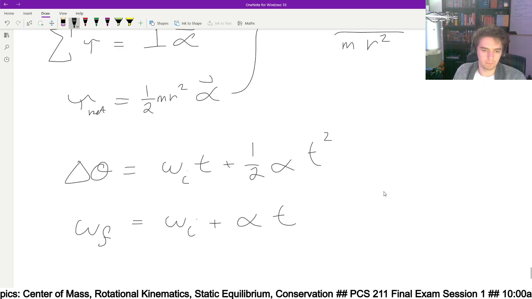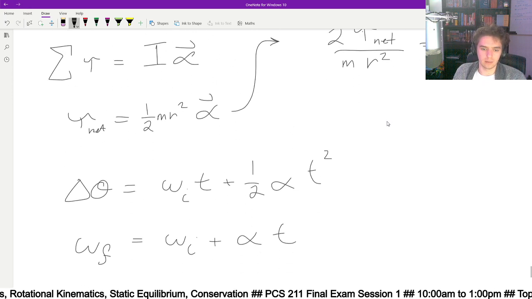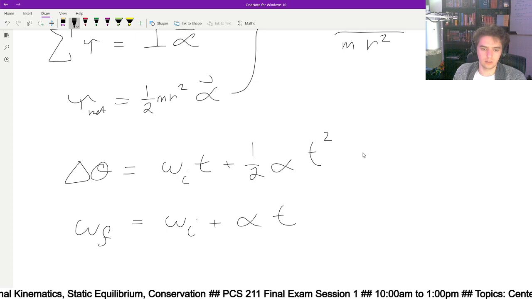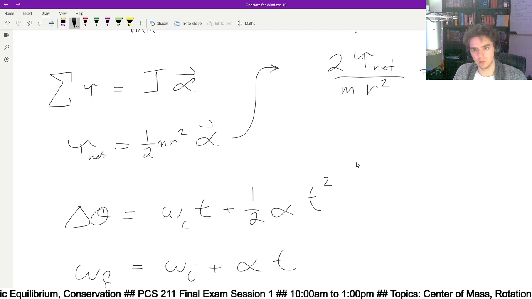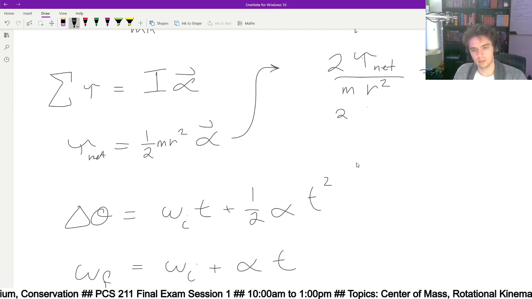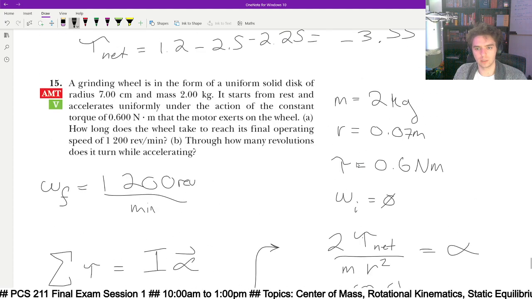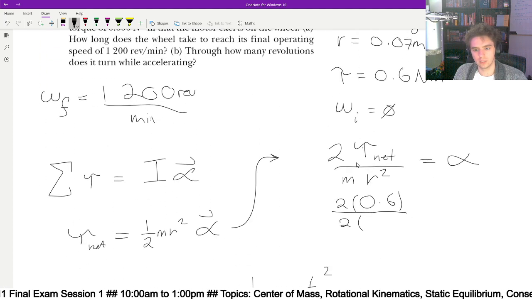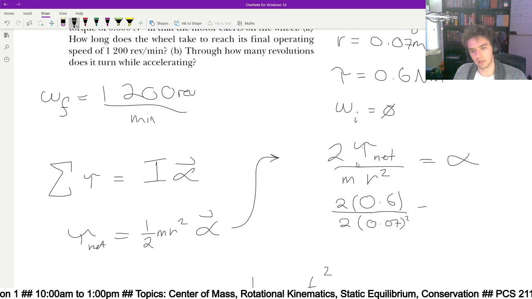We can solve for that here, right? We can plug that in here. Maybe I'll just solve now and then we'll see what it is. Okay, so 2 times 0.6 over the mass, which we said was 2, times the radius, which we said was 0.07 squared.